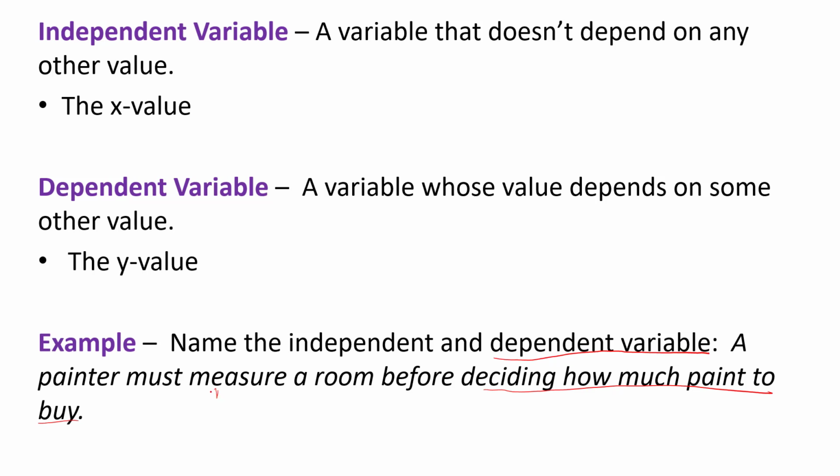I need to know the measurements of the room. So the one that's dependent is the paint, and it's dependent upon the measurement. So my paint, or how much paint I need, is going to be my dependent variable. The measurement of the room is going to be my independent variable.